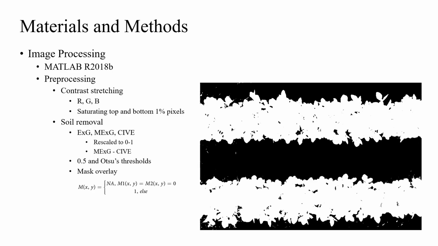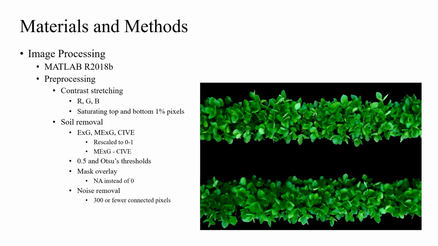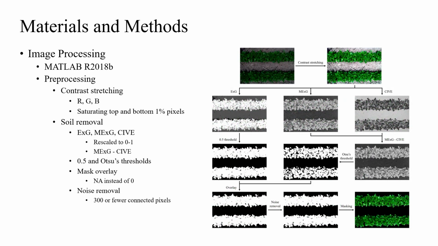Instead of using 0, NA values were used in the mask to avoid the influence of a large number of 0s when computing color and texture features. After cleaning up mask noise by removing objects with 300 or fewer connected pixels, the mask now could be used to remove soil background. And this image summarizes the entire workflow of image pre-processing.